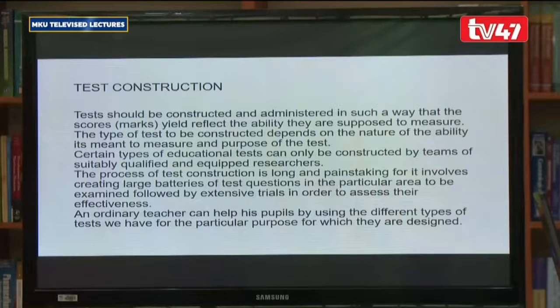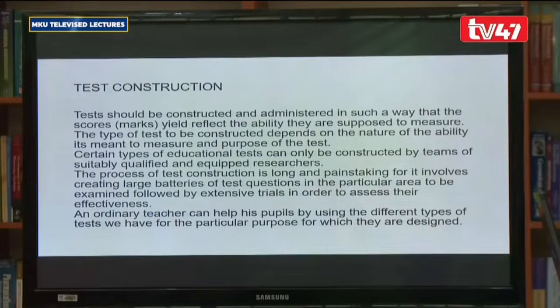And therefore, let's now move on and look at how we construct tests or different types of tests, and what are the important considerations that we make when we want to construct these types of tests.